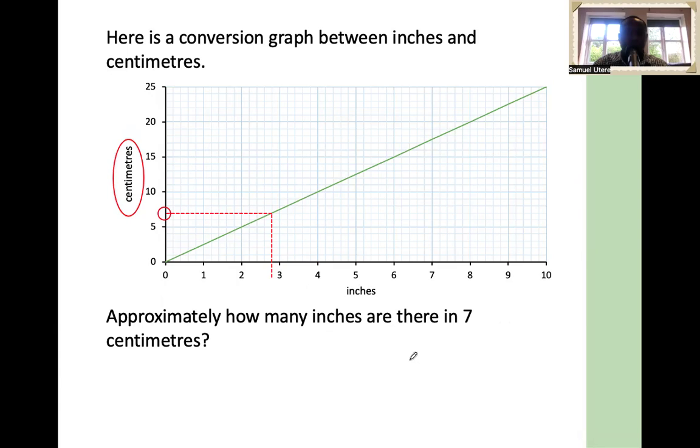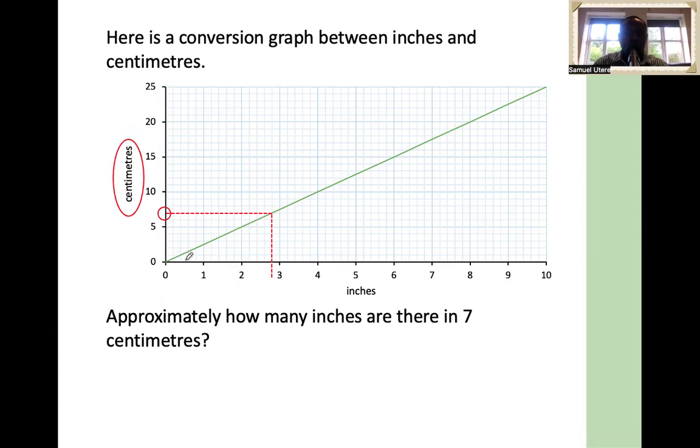Now we can see, looking at our scale, that we have 0 to 1, but we have 5 little squares making up 1. So it means each of these little squares should be equal to 0.2, because remember how we worked with intervals? We take the difference and we divide by the number of intervals.